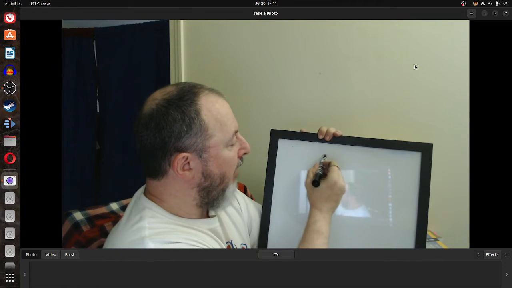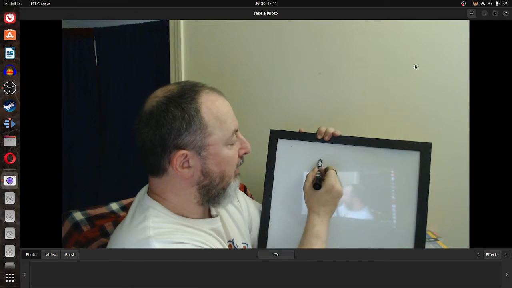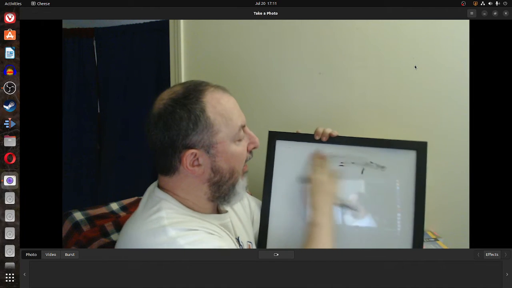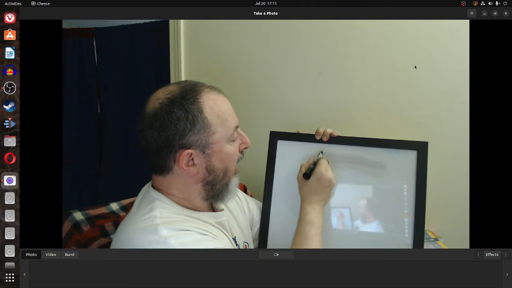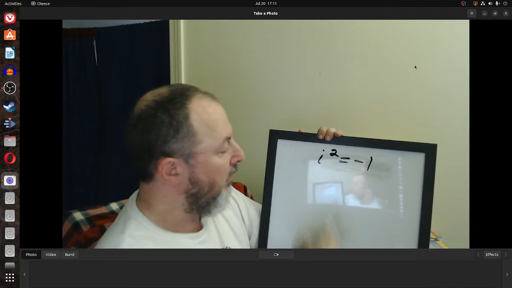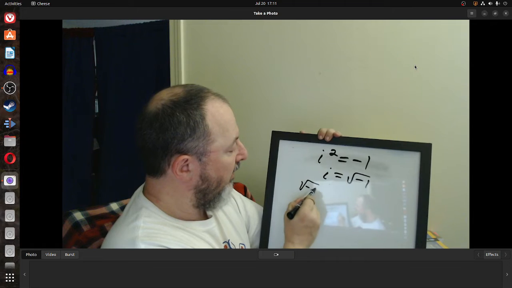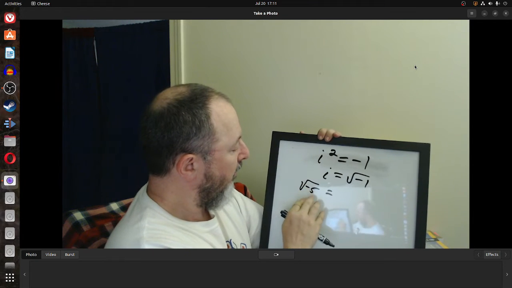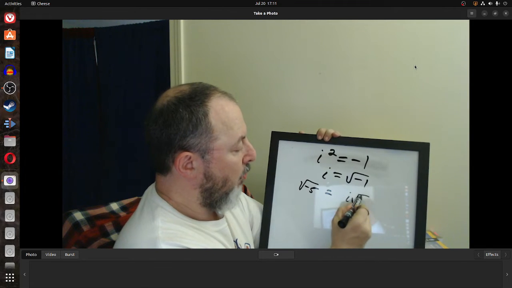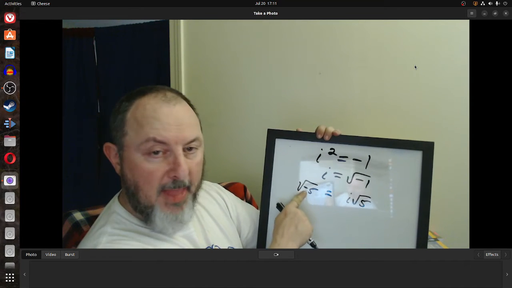Now, you can get imaginary numbers if you allow squares to be negative. So we define i squared as -1. In other words, i is the square root of -1. Then the square root of -5 is the square root of 5 times i.